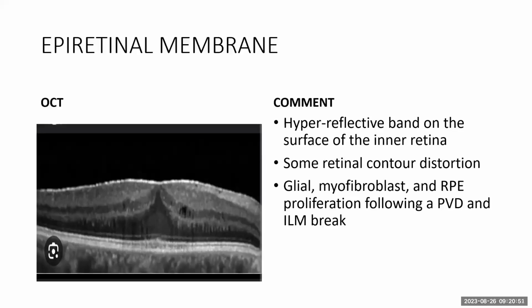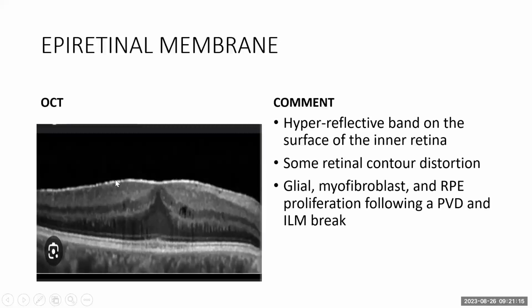Breaks in the macula, where you have the macular hole, different types, different sizes. And then the lamellar hole, where a lamella of the neurosensory retina is affected, but the others are spared. And epiretinal membrane is seen as a hyperreflective band over the surface of the neurosensory retina.